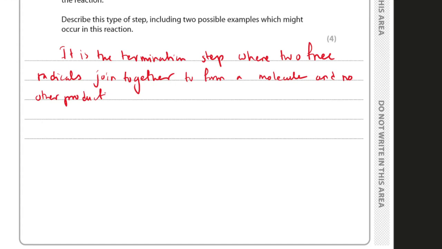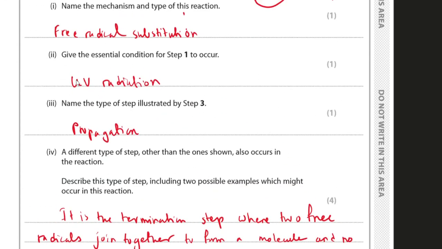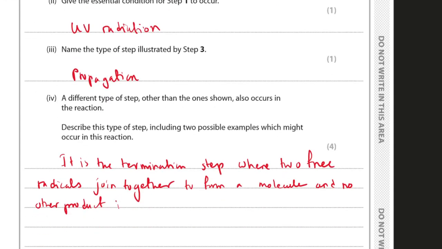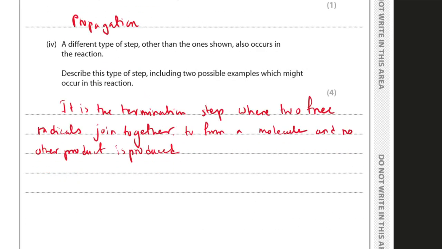But you have to understand one thing: no other product is created. I mean, the product here is obviously the halogenoalkane, but it won't be produced in this case. So if I give you one example, we can say easily two free radicals, right?